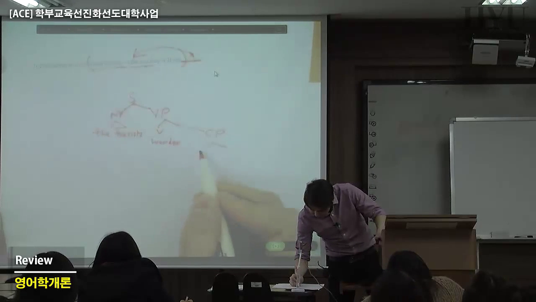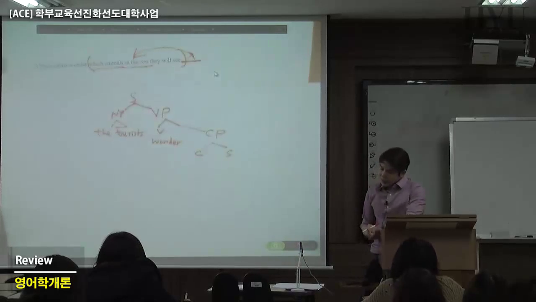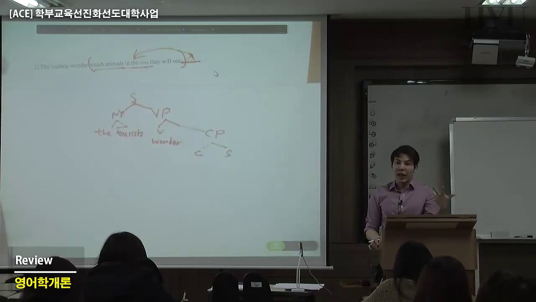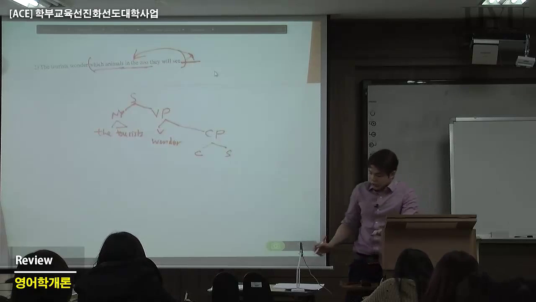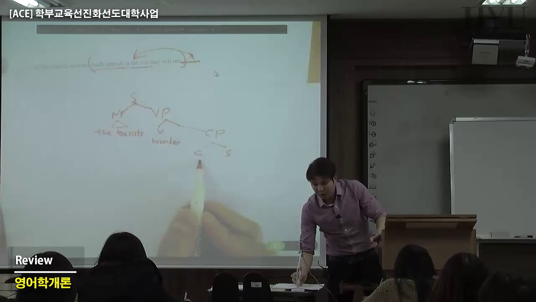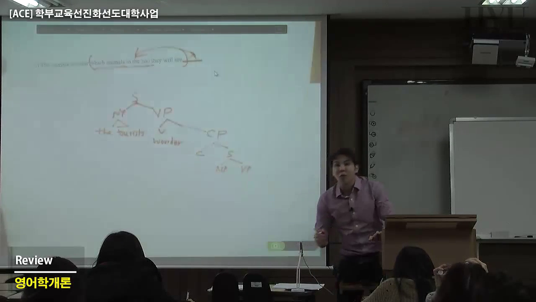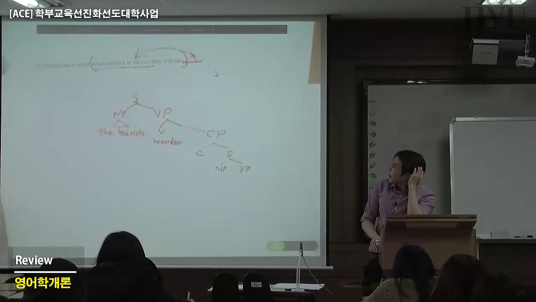So for the CP, we have a C and an S. In this case, we don't have a complementizer like if, whether, or that. We don't have that here, so we'll just leave it blank for now. The S will consist of just an NP and a VP in the same way that we usually do.